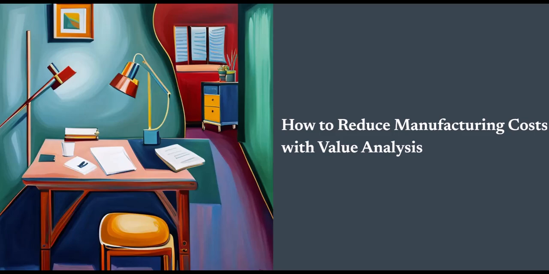But if you can reduce that manufacturing cost to $60, your profit margin jumps to a whopping 40%. That's a game changer. Moreover, reducing manufacturing costs provides a competitive edge. In markets where products are similar in features and quality, price often becomes the deciding factor for consumers. Companies that can produce quality products at a lower cost can either lower their retail prices or maintain their existing prices with higher profit margins.